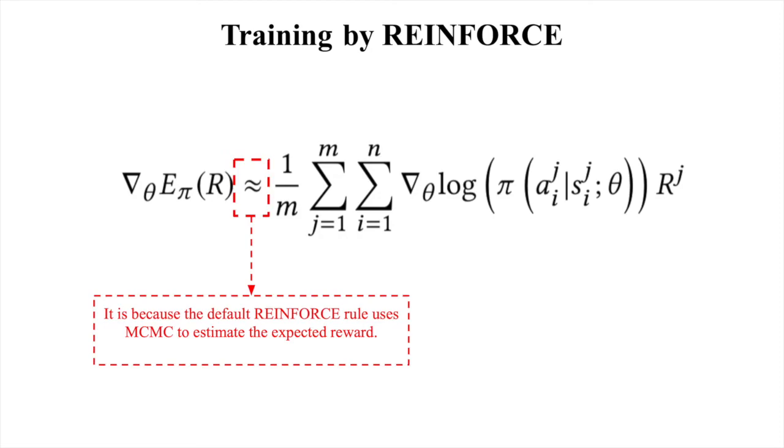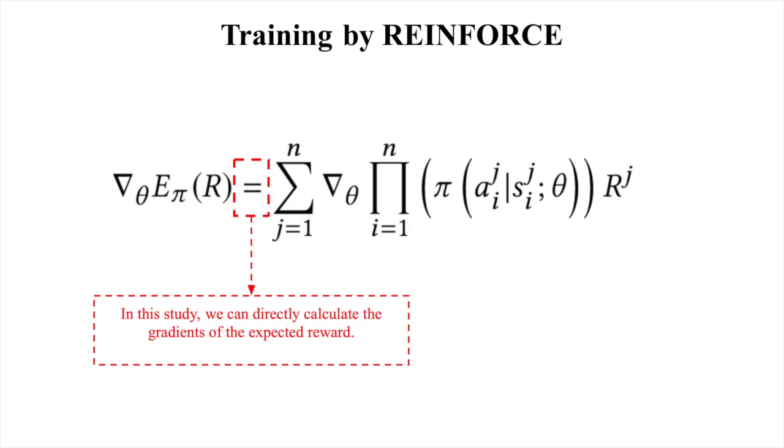It is because the default REINFORCE rule uses Markov chain Monte Carlo to estimate the expected reward. But in this study, the number of possible trajectories is very small, so we can directly calculate the gradients of the expected reward. As a result, the training can be much faster than the vanilla REINFORCE rule.